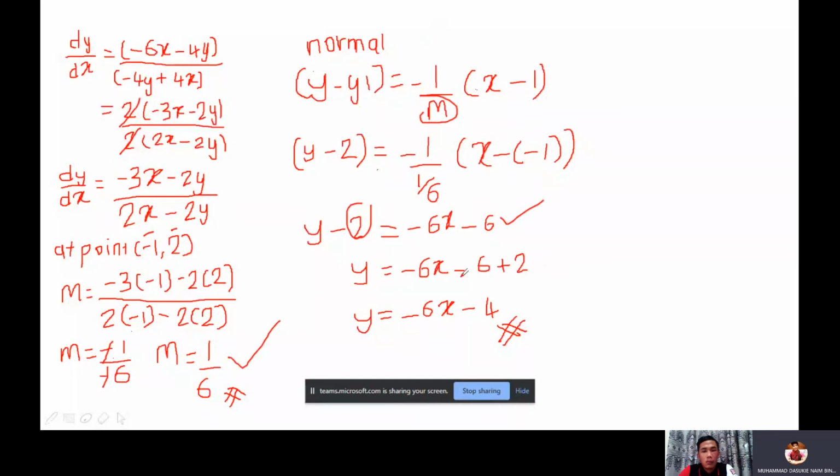So negative 6x minus 6 plus 2. We have done the equation and we solve these two. Negative plus positive becomes negative, so negative 4. So the answer for the normal to a curve is y equals negative 6x minus 4. That's the final answer for the normal to a curve, and that's the final answer for the gradient.